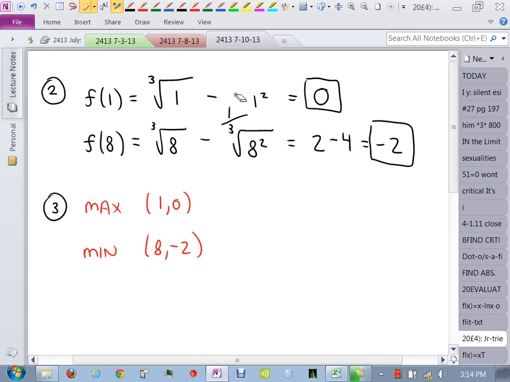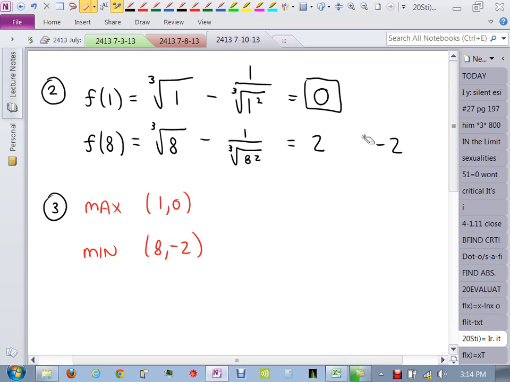Well, that's terrible. Let me just erase this. It should be 1 over the cube root of 1 squared. This one should be 1 over the cube root of 8 squared. Man, I'm glad you brought that up. That would have been so wrong, because the original function was x to the 1/3 minus x to the negative 2/3.